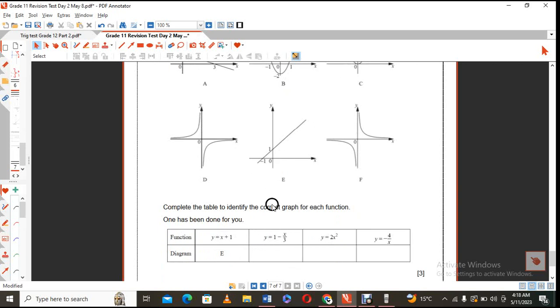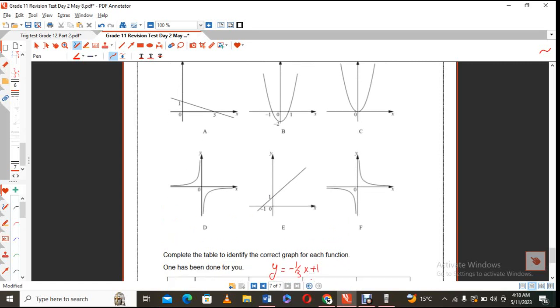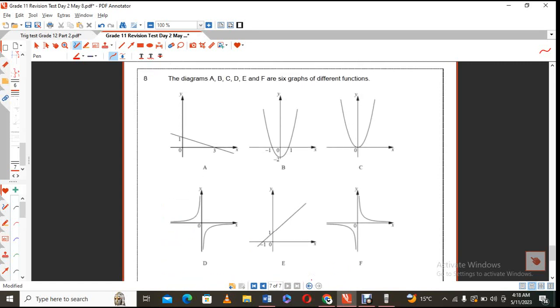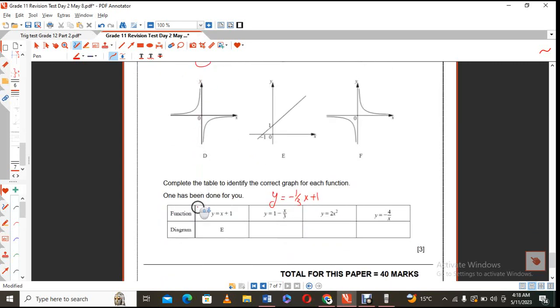Now if I rewrite this, it is y equals minus 1 over 3 x plus 1. So where does it cut the y-axis? It's a straight line cutting the y-axis at 1, and the gradient is this. So this one here is A.